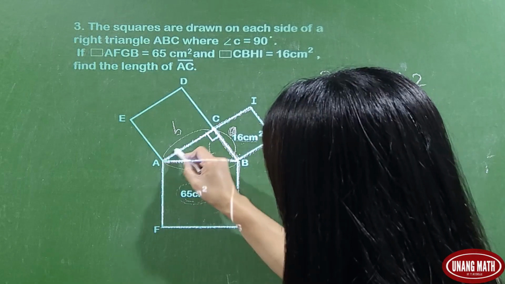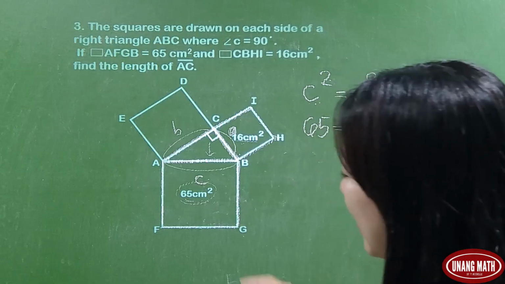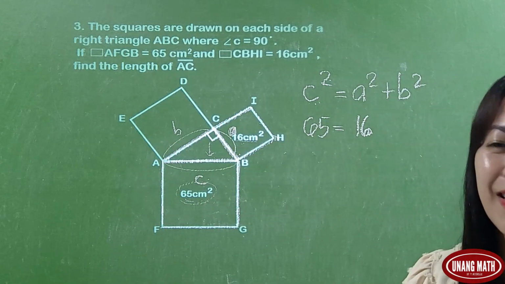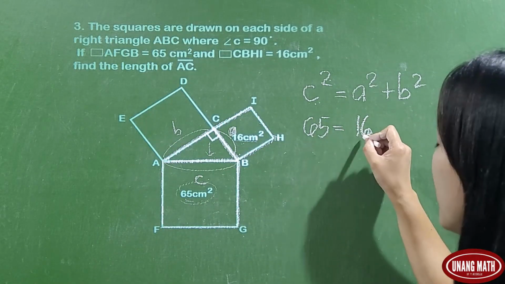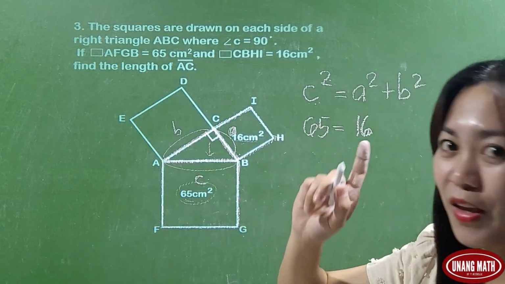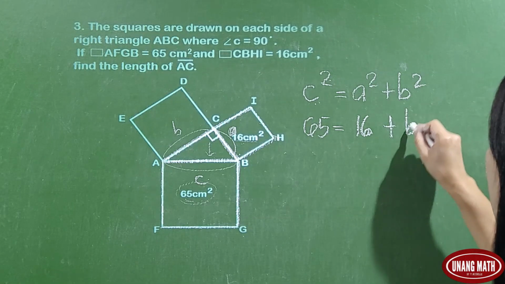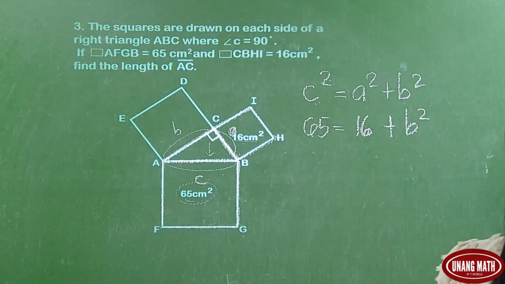We are now going to find the length of this side of this right triangle. Since two sides are given, we can find the length of this side using the Pythagorean theorem. So this is plus b squared.